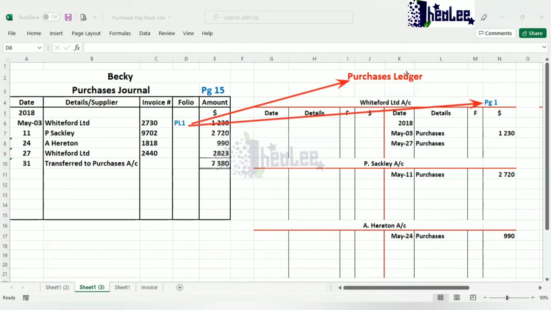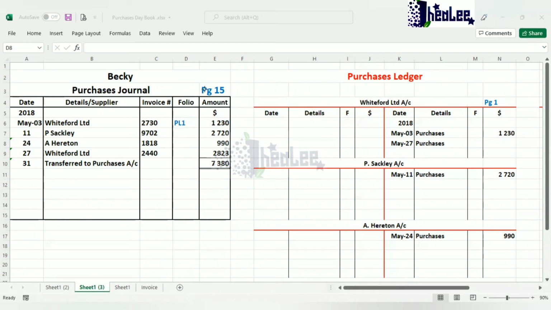What PL1 is saying is that if you go to the purchases ledger on page 1, you will find the entry that was posted from the purchases journal.